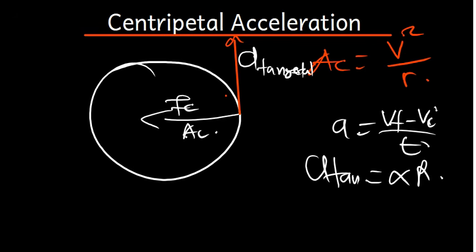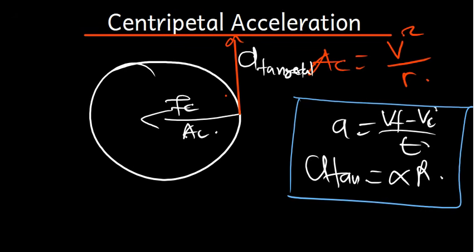So these two formulas are the ones which we can use to find the tangential acceleration. Then to find the centripetal acceleration, the formula is v squared divided by the radius. Now, the question which they are going to ask you here is to find the net acceleration. Let's see.